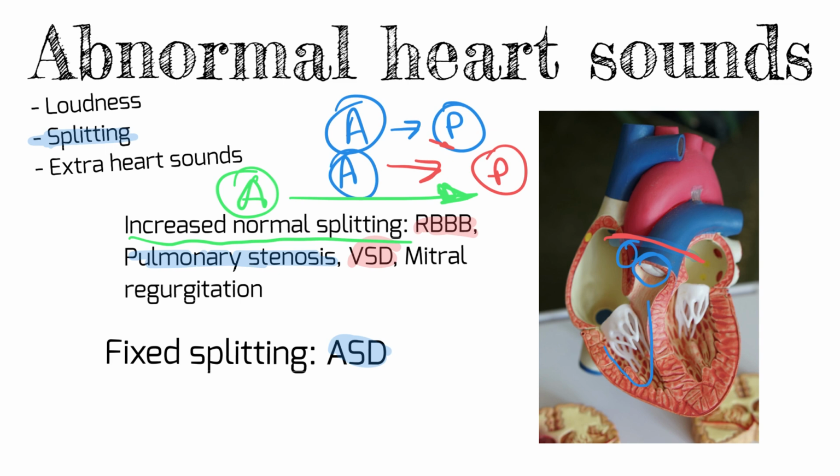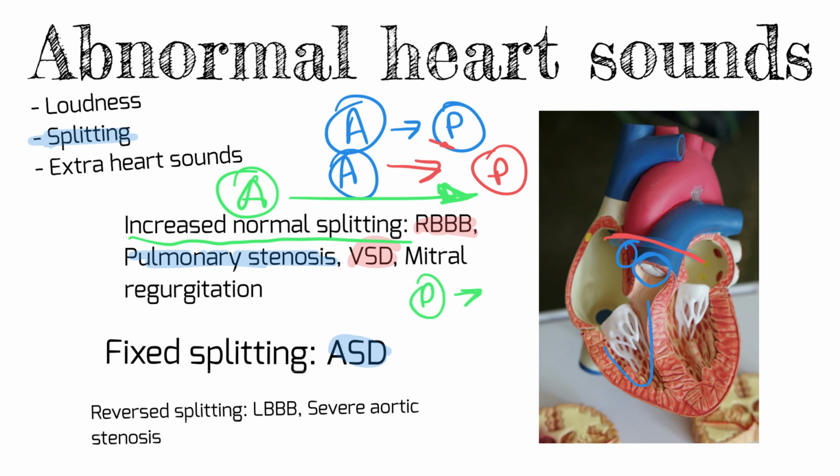And then the last type of splitting is reverse splitting. Remember we said that in normal splitting, the aortic component is just before the pulmonary. So what's reverse splitting? It's when the pulmonary is just before the aortic. And what can cause that? Well, left bundle branch block.